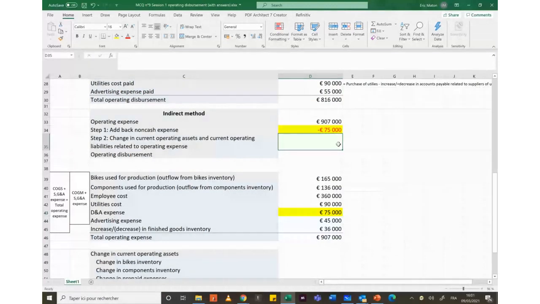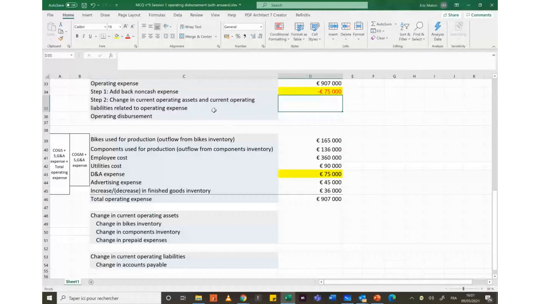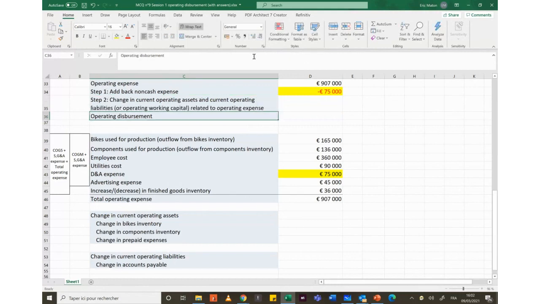Now I want the change in current operating assets, change in current operating liabilities. So change in operating working capital, related to operating expense. So in the bags, if I increase the bags inventory, it's a cash outflow.